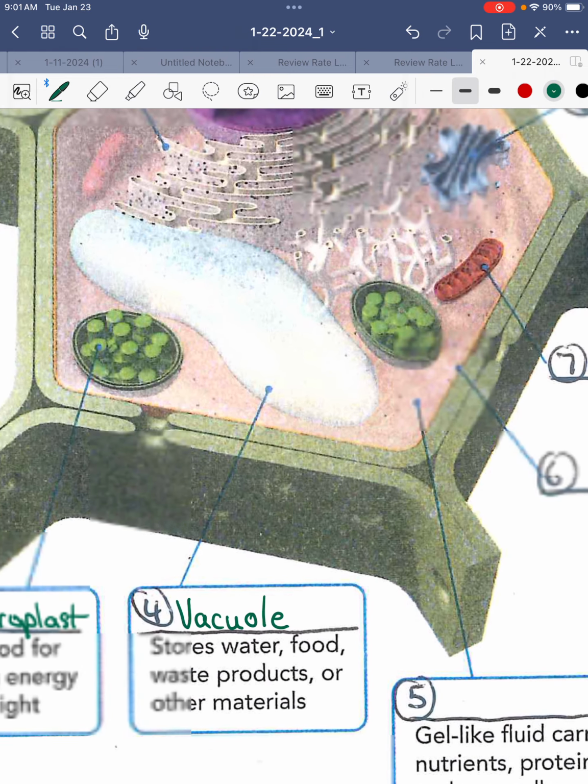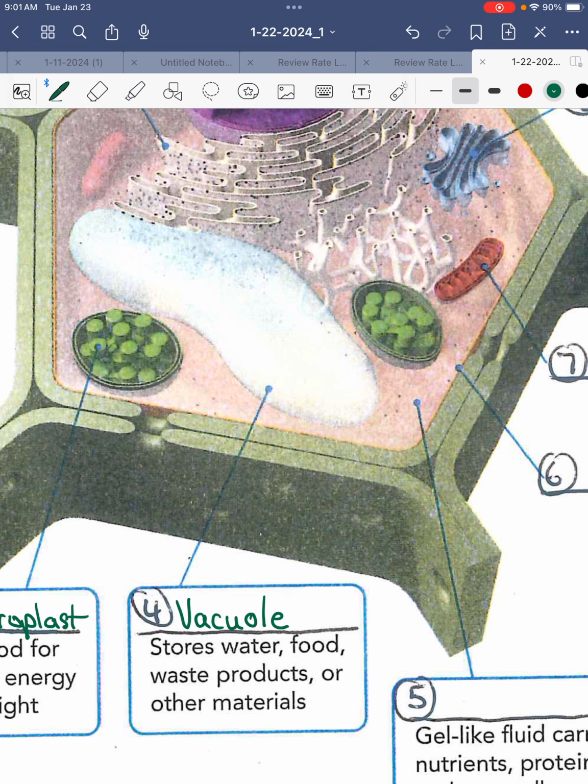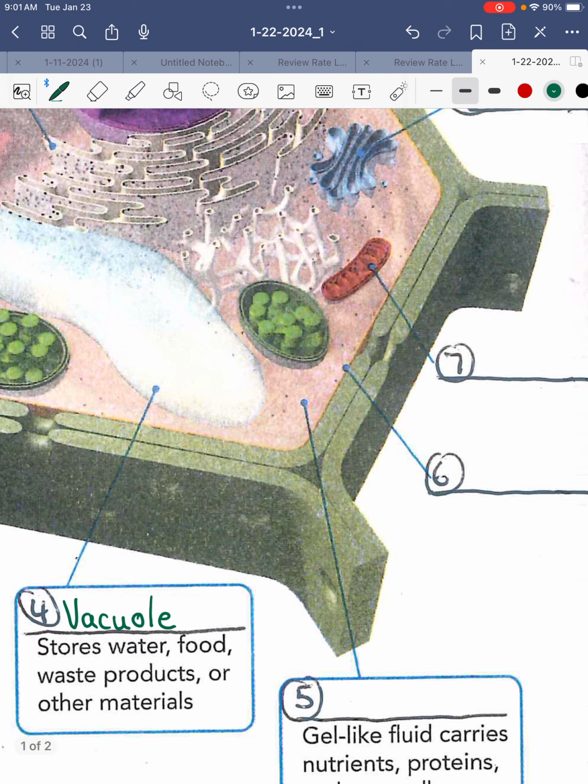And when the plant has plenty of water, that is full and the plant stands nice and upright. And then when the water is scarce and that puddle dries up, then the cells kind of droop a little, and we call that wilting in the plant industry.